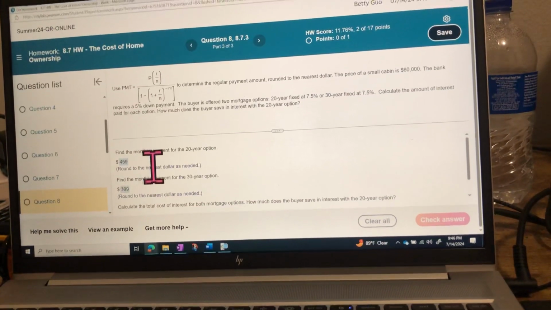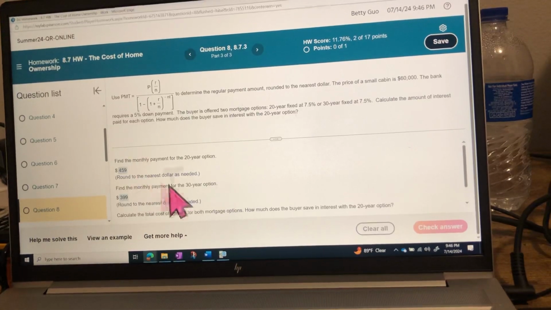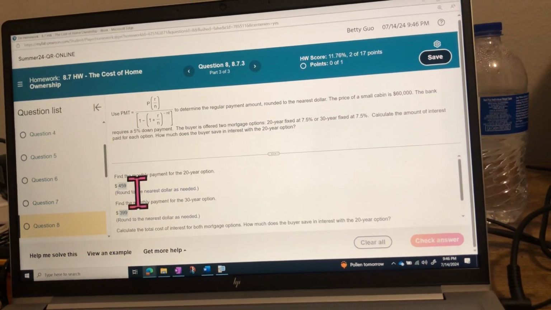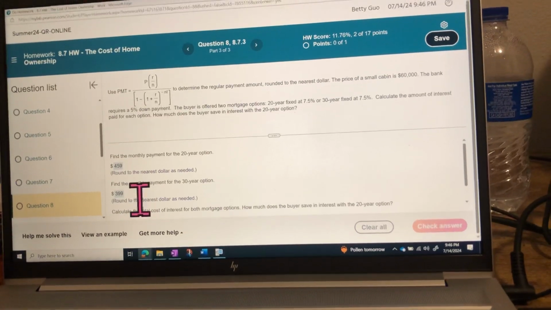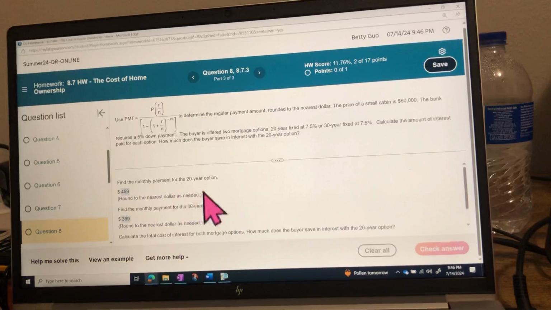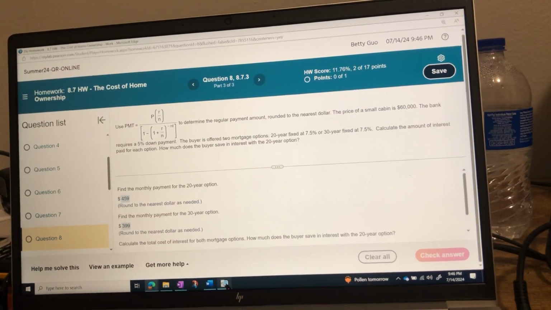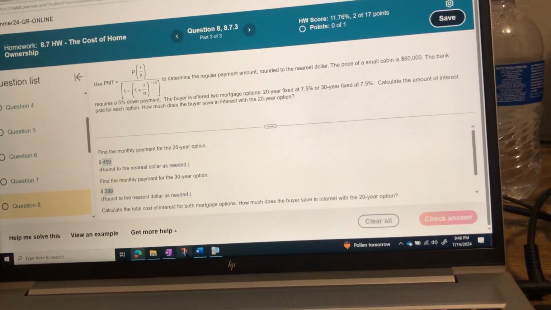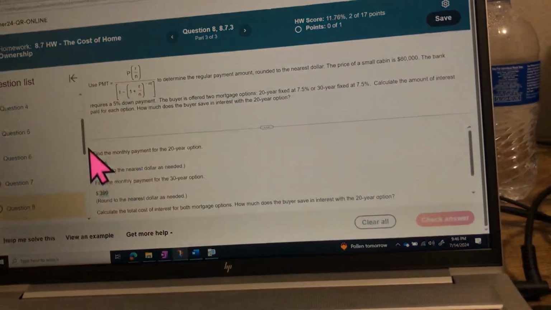We're going to use the numbers we got earlier, so I need to remember 459 for the first one and 399 for the second. I need to do some calculation. Give me one second.